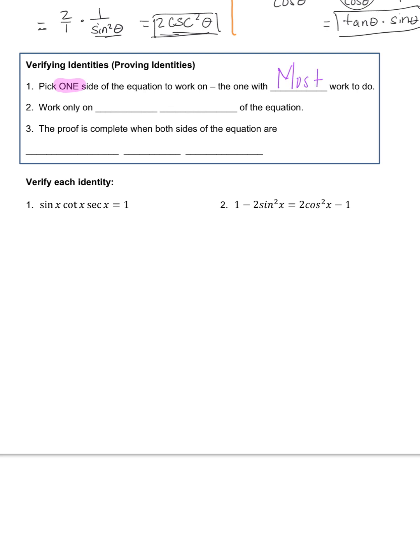We'll talk about that in a second. The second thing is to work only on one side of the equation. And step 3 is that the proof is complete when both sides of the equation are exactly the same.